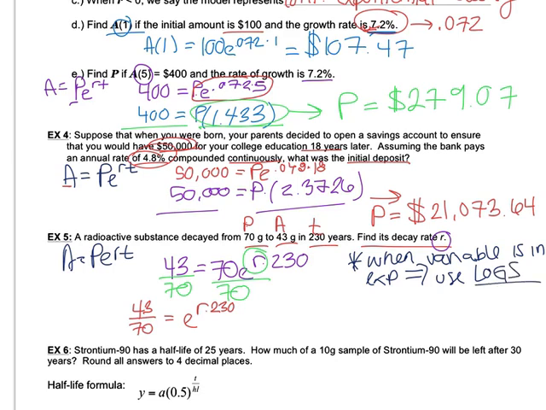Some of you are hating this right now because you don't like logarithms, but they're so useful to us because right now is the only way we can solve a function this complicated where our actual variable we're interested in is in the exponent.